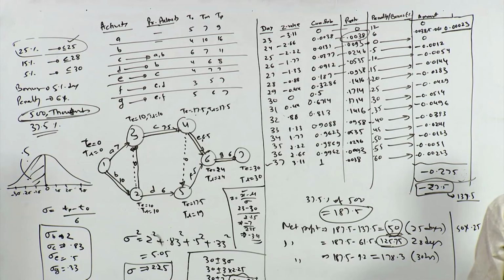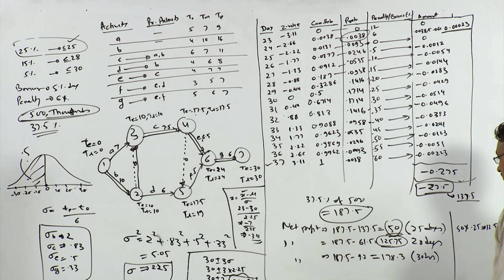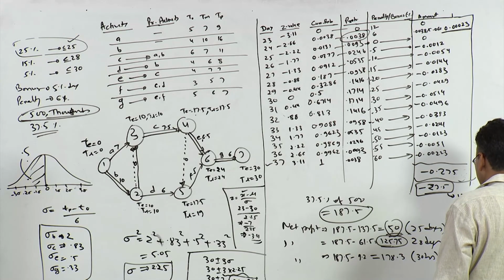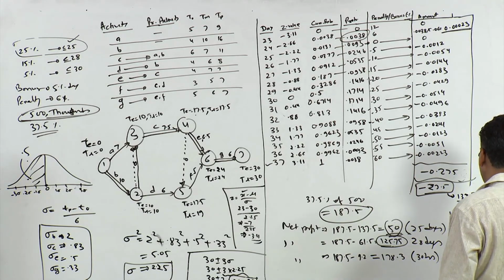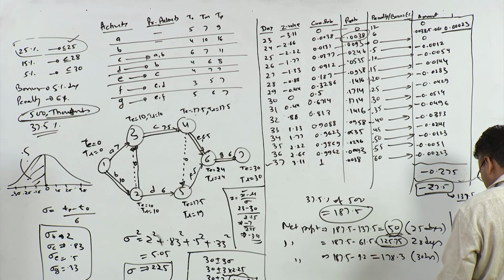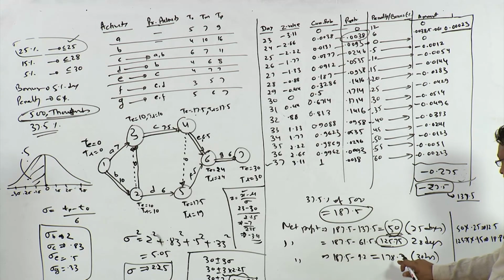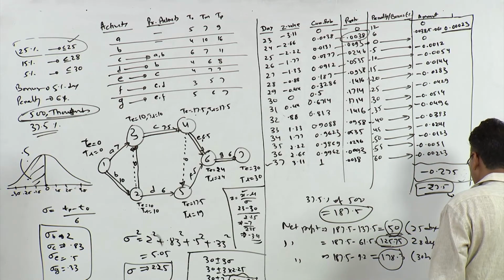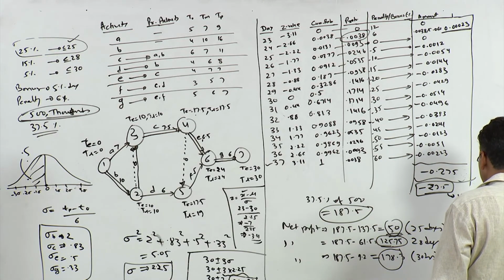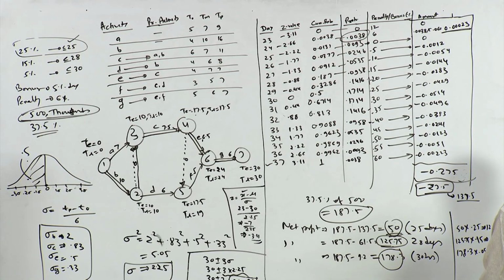This becomes 12.5. Then 125.75 into 0.15, 15%. So this becomes 18.86. And finally you have 178.3 into 0.05. So you will get 8.91.